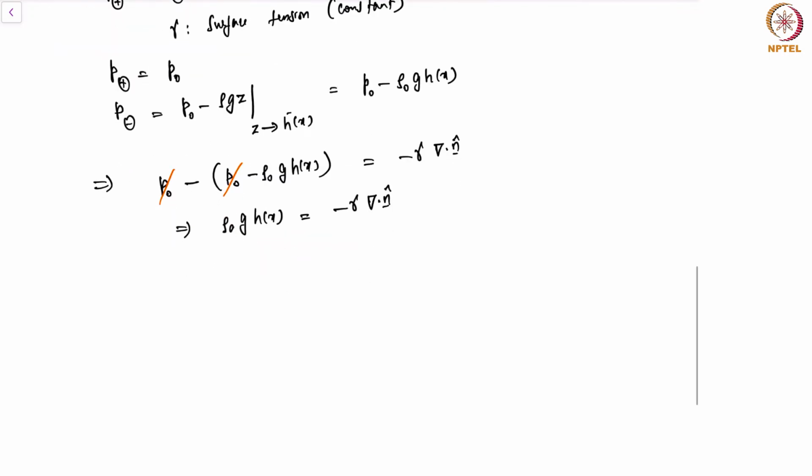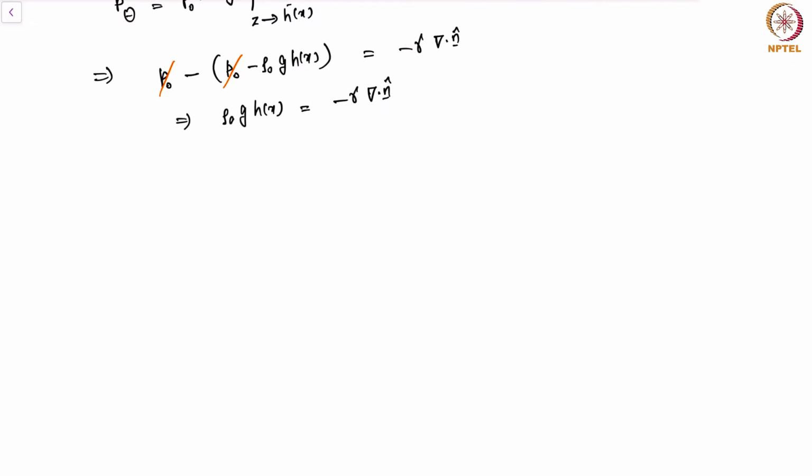Now what is del dot n? For example, let me make a simple sketch of this meniscus again. If I take a meniscus which is like this, and if the height anywhere is Z is equal to H of x, where this is Z and this is x, then I can calculate the normal at any point here.